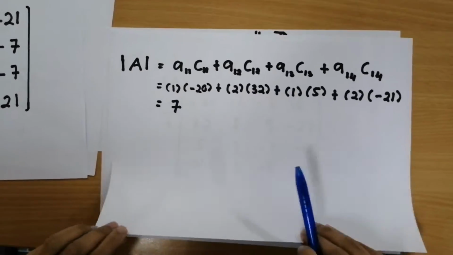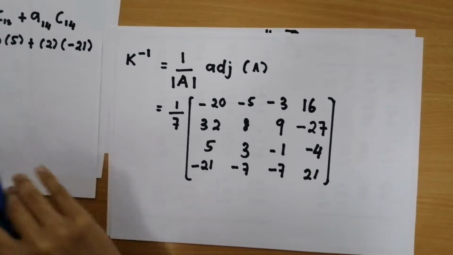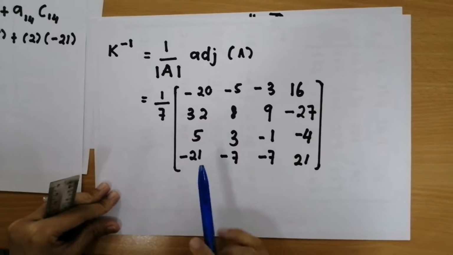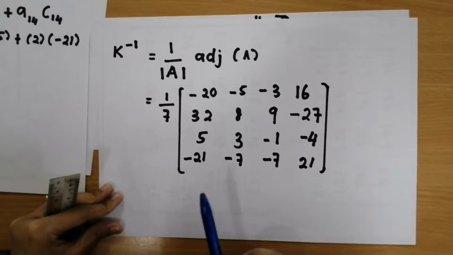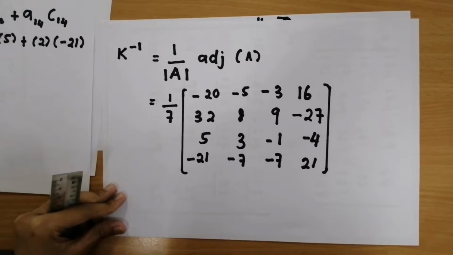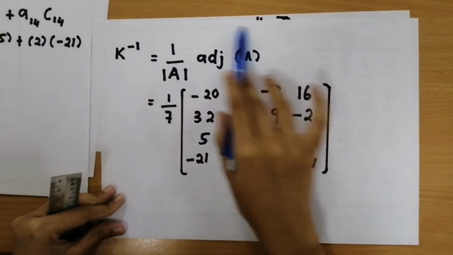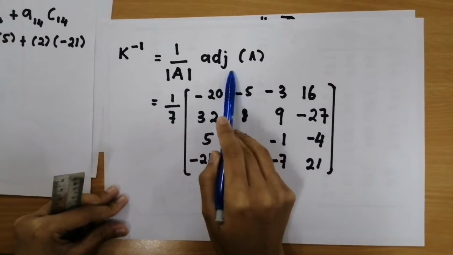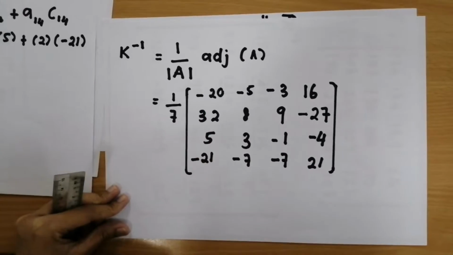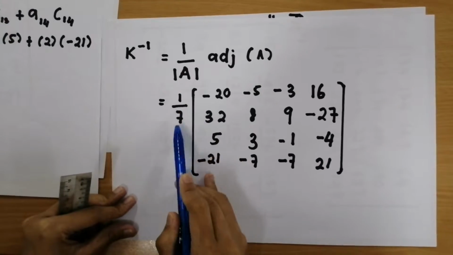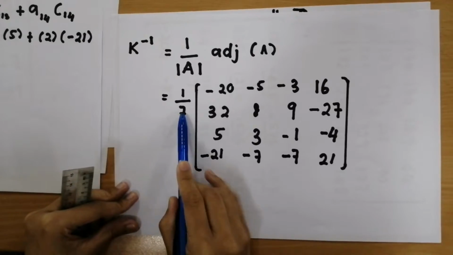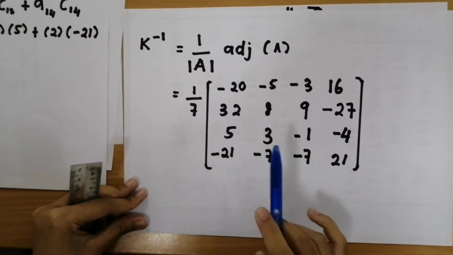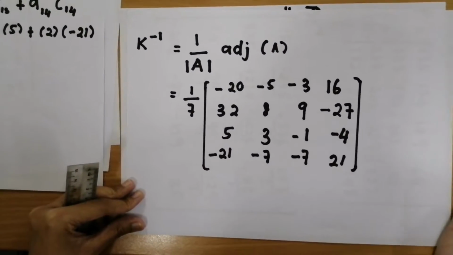Next, this is the final answer for the inverse of K1 using the adjoint method. The formula to find the inverse is 1 over determinant times the transpose of our cofactor matrix. So 1 over 7, this is our determinant, and this is the transpose, which gives the inverse.